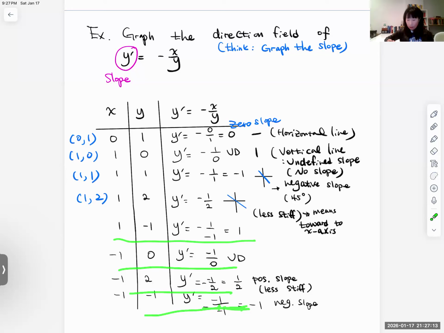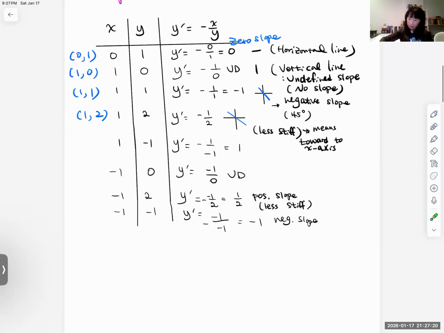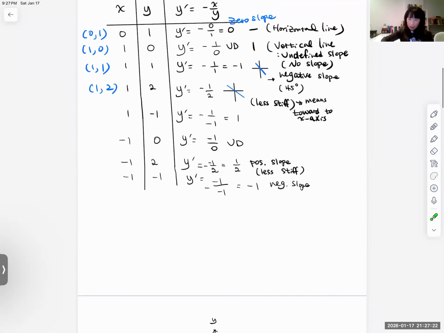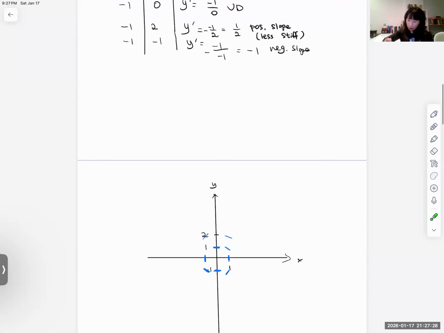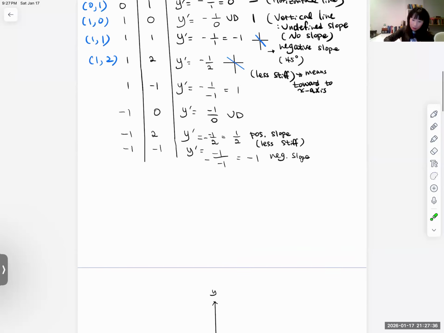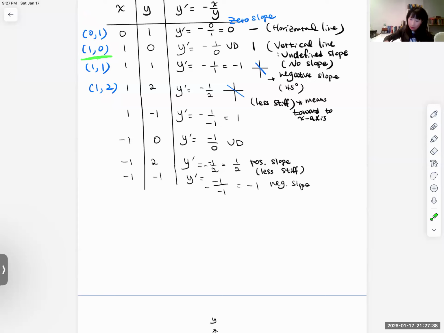Okay, now let's plot the slopes here. 0 and 1, right? So when x equal to 0 and y equal to 1, it is 0 slope. Can you see that? This is 0 slope, right? Second one, 1 and 0.